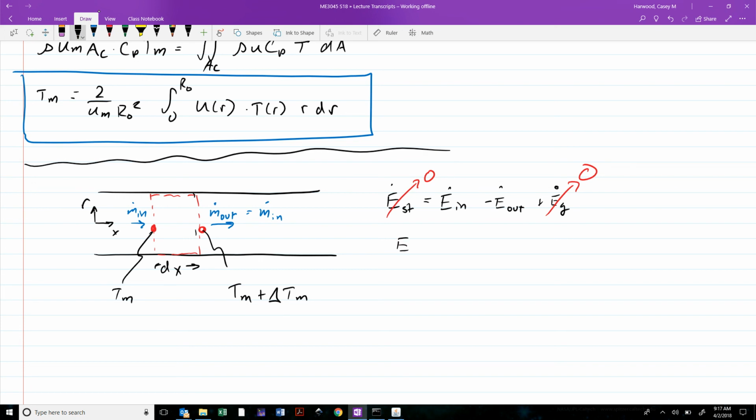Our E in is going to be composed of two parts: m dot times the specific heat capacity of the fluid times the temperature entering the control volume, plus, and I haven't drawn this component yet, I'm going to assume that there is some convective heat transfer into the fluid, which we'll call dQ convective.